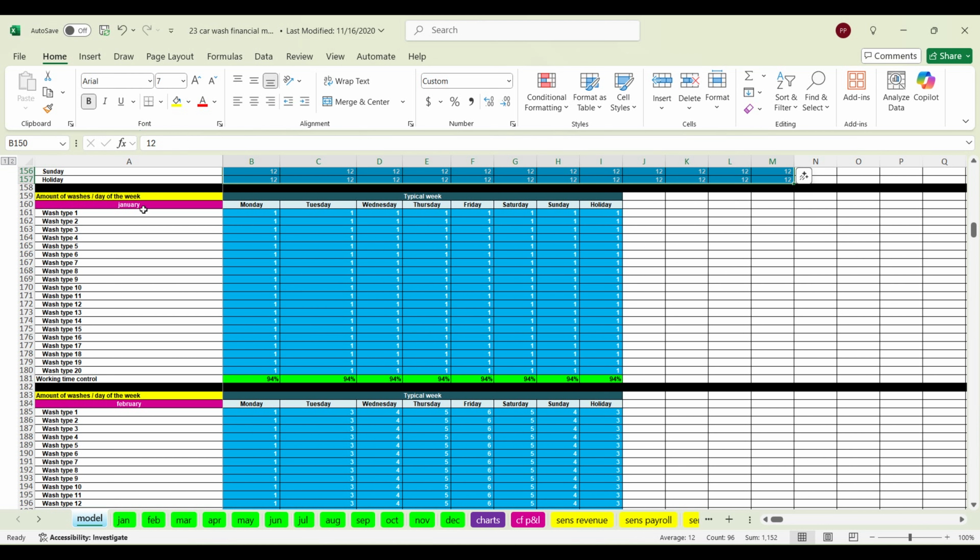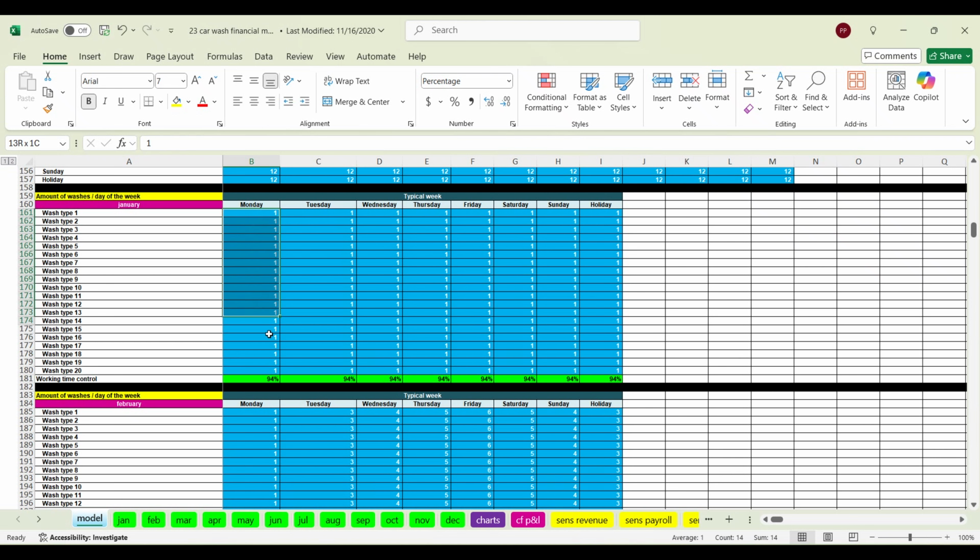So here we have the month. From top to the bottom we have different types of car wash services. Here we have the typical week plus holiday, and in this area we're specifying how many different services we perform every day. So if for example I would like to set up more services than we can perform, we will be given here the alert.